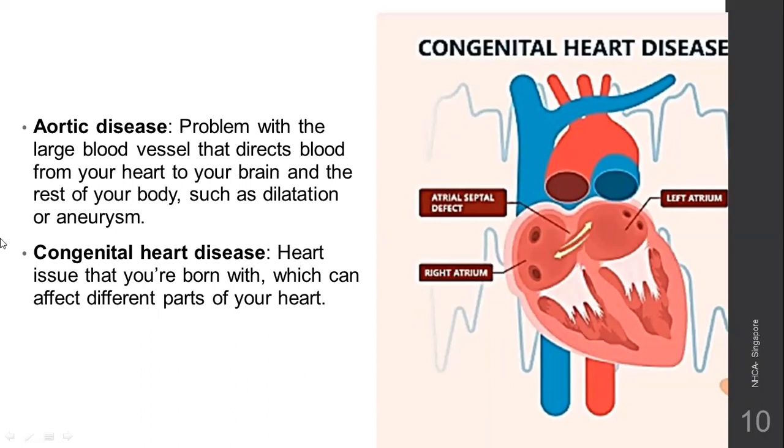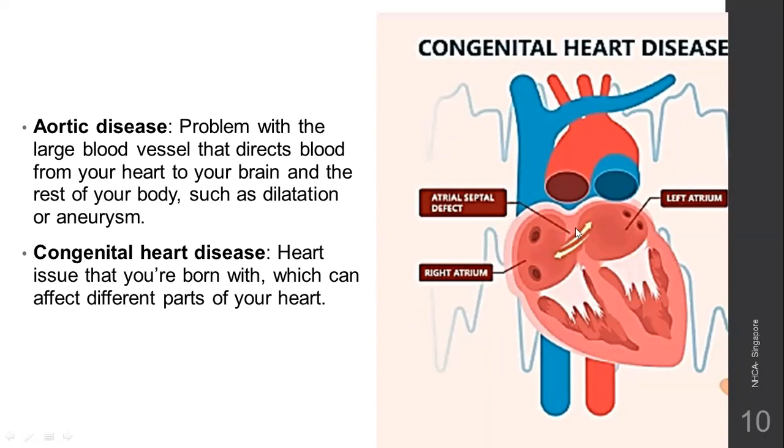So congenital heart disease is a heart issue that you are born with, which can affect different parts of your heart. Here it is atrial septal defect. It can happen in the ventricle as well. And then valve defects. A valve is the one that separates the upper chamber from the lower chamber. So the heart has two valves, on the left and the right. Valve defects will happen here: stenosis or any abrasions to the valve, because the valve separates the atrium from the ventricle.